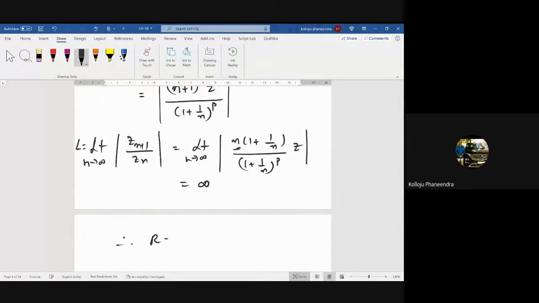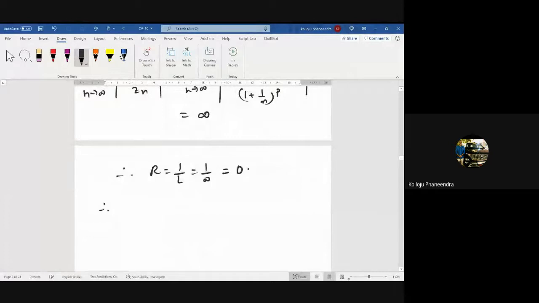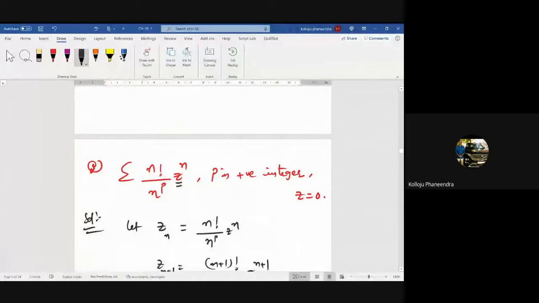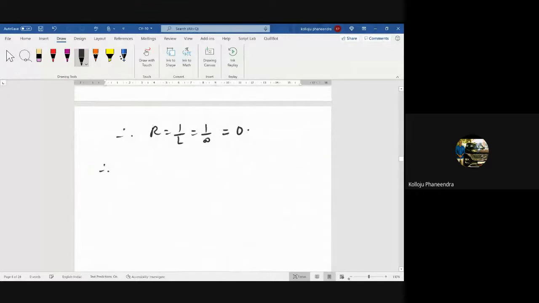Therefore, R equal to 1 by L, that is 1 by infinity, 0. Therefore, R value 0 means what? What is this power series? This power series is in Z minus Z naught, Z naught value 0. Okay. R equal to 0. Therefore, the circle of convergence is mod Z minus Z naught equal to R. That is mod Z equal to Z naught is 0, and this is also 0.